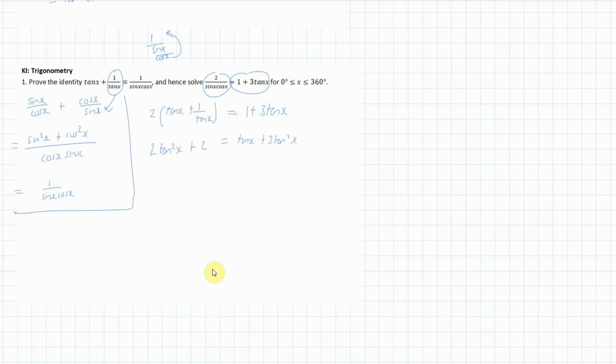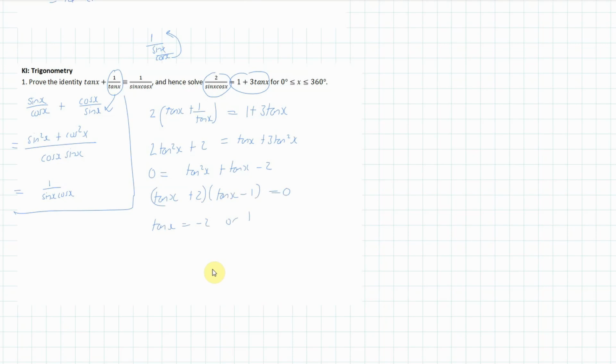Now we'll bring everything across to the right hand side, and we get tan squared x plus tan x minus 2. And I guess we can go, therefore tan x plus 2 into tan x minus 1 equals 0, so tan x equals negative 2 or positive 1.